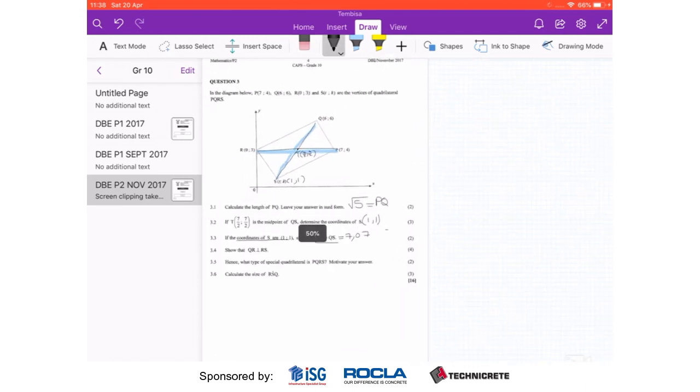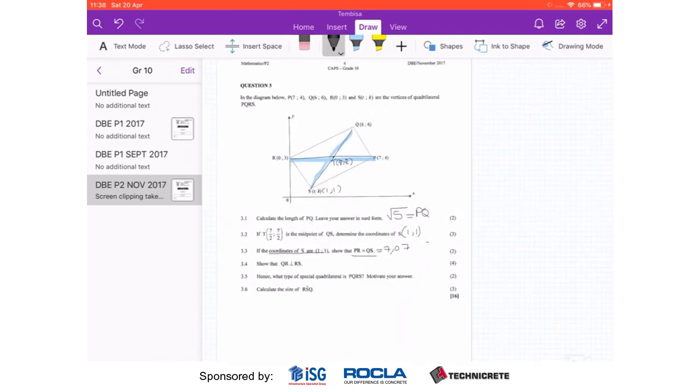Okay, the next one says show that QR is perpendicular to RS. So here's my QR, and RS. And how would we show that things are perpendicular? By using gradient.